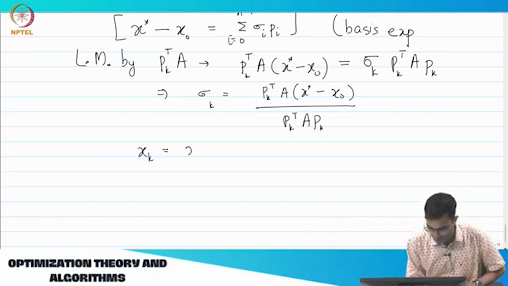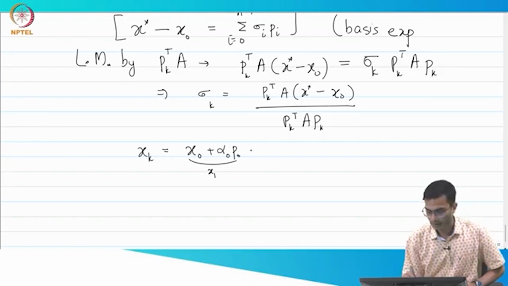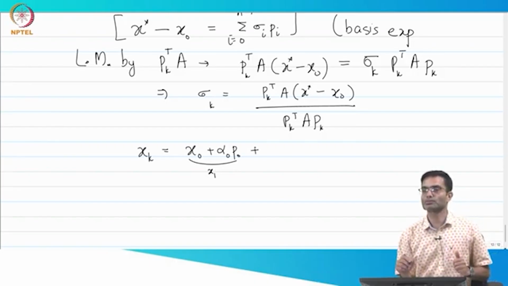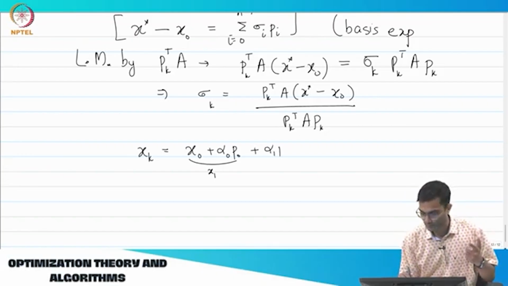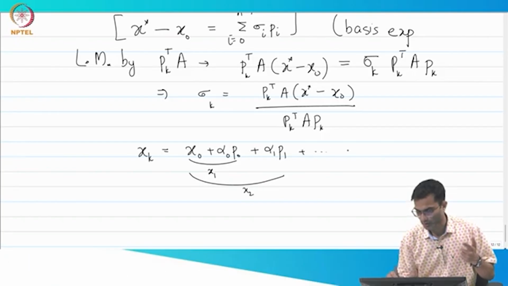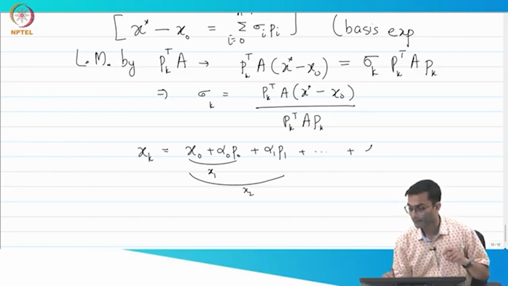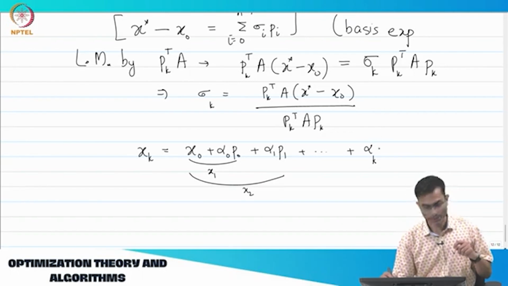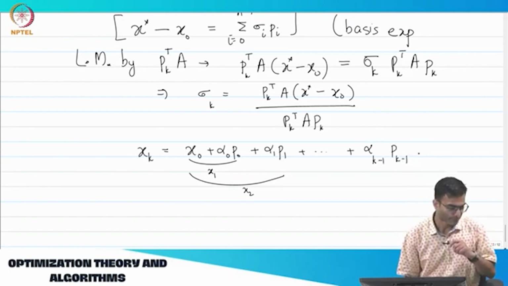So if I write this in a clever way, I can write this as alpha 0 p0, which gave me x1. To this I would add alpha 1 p1 to get x2. So dot dot dot. What is the last term that should come? Alpha k or k minus 1? K minus 1, right? p k minus 1.